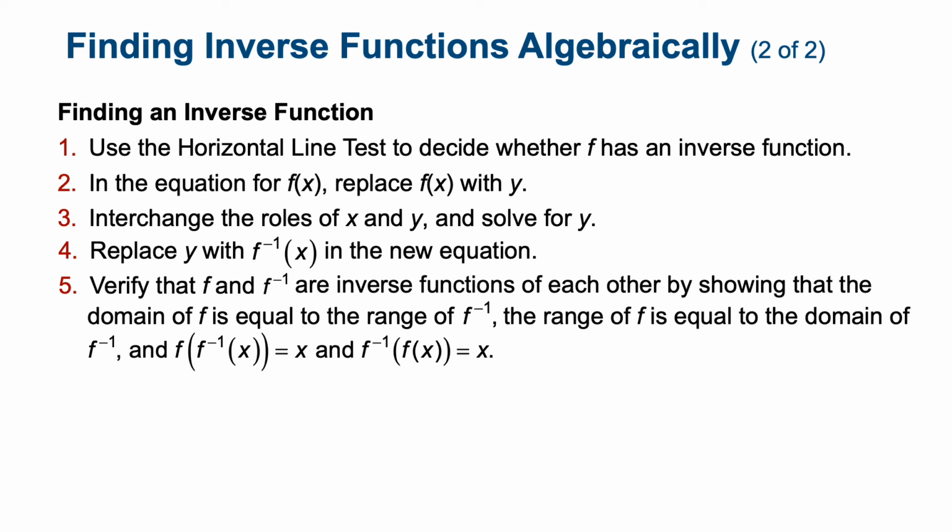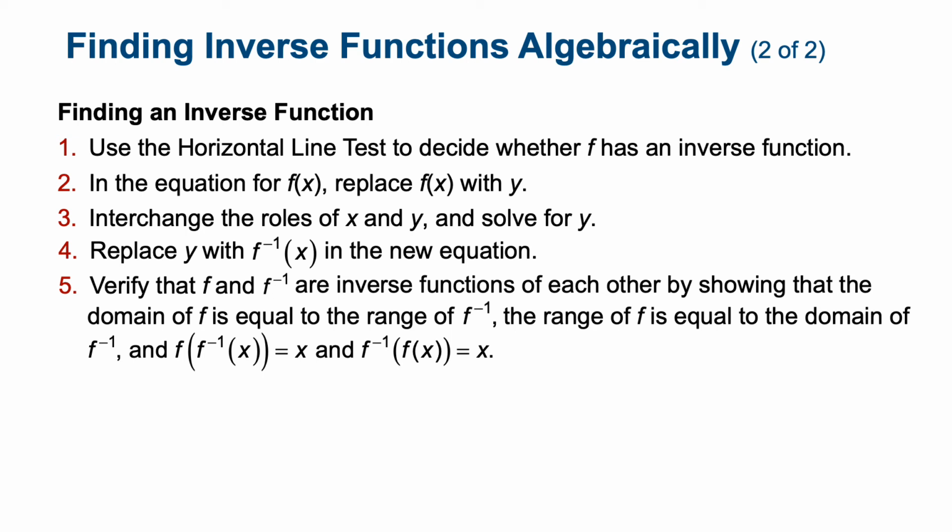Then in the equation for f of x, we replace f of x with y. Then we exchange x and y and solve for the new y. Now we replace the new y with f inverse of x. Then we can double check that they're inverses of each other by taking the composition both ways and getting the identity, or x, back.